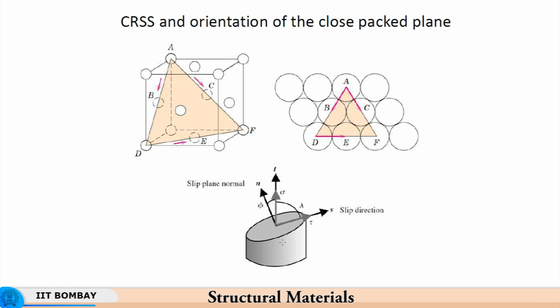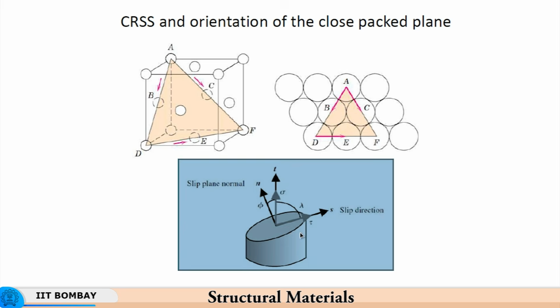So now this has a certain value of shear stress. Now these are planes of easy slip, meaning these planes have very low critical resolved shear stress. So that is the shear stress at which the slip will start taking place in this plane and in these directions.